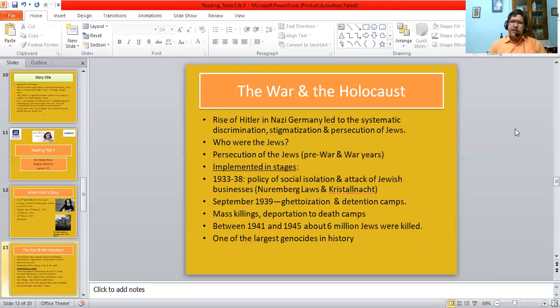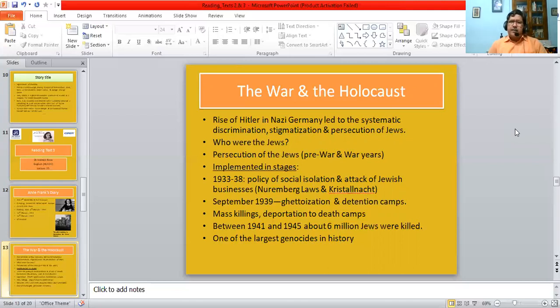For example, the Jews living in Germany were German Jews. Those living in Holland were Dutch Jews. And those in France were French Jews, and so on. But of course, their communal bonds were very strong, and they were all united by the Jewish faith which they followed.